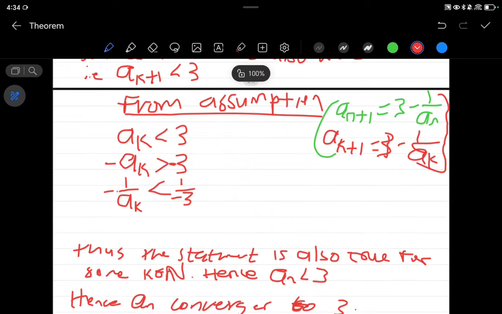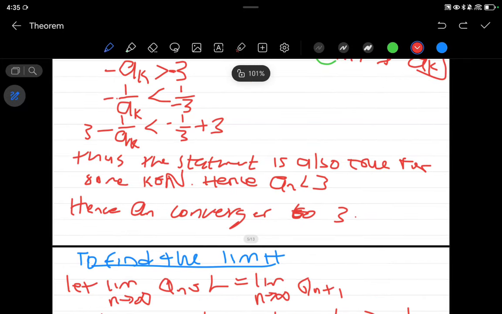You see, right? And then now I need to add 3 both sides. So I can add 3 here. Then I have minus 1 over 3 plus 3.